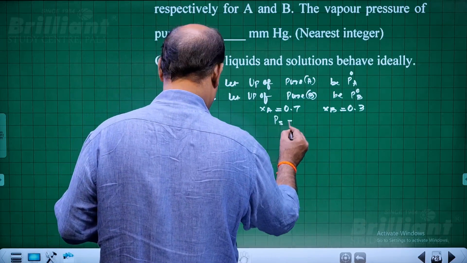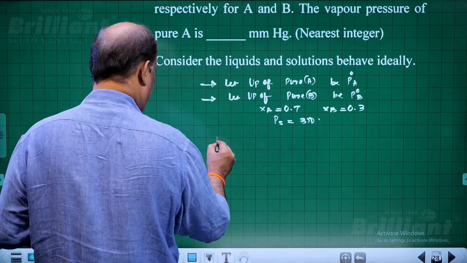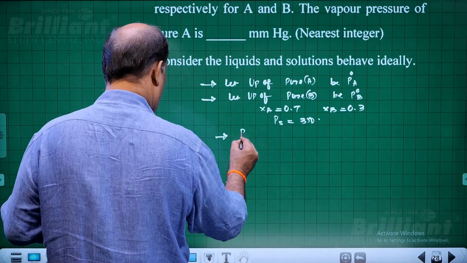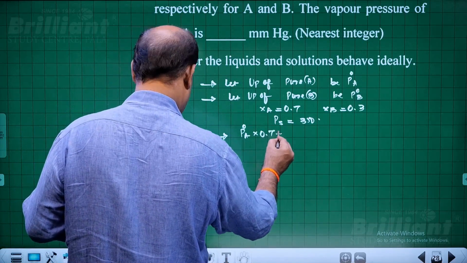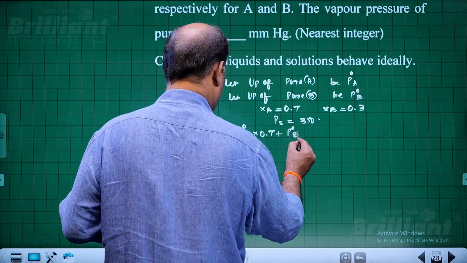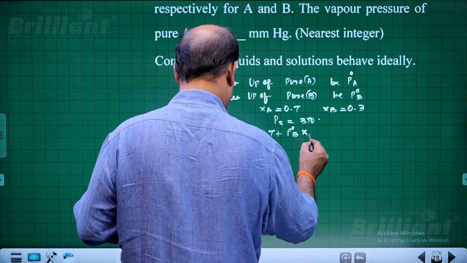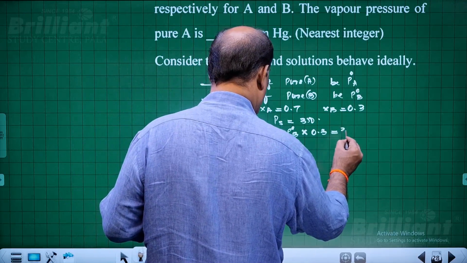Pressure of solution is equal to 350. So P naught A into 0.7 plus P naught B into 0.3 is equal to 350.